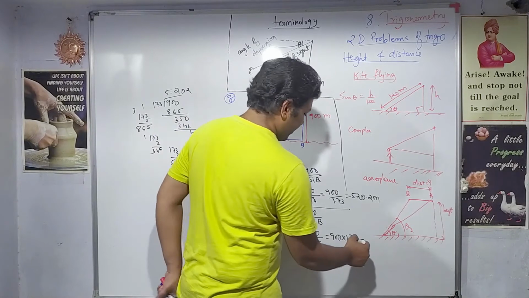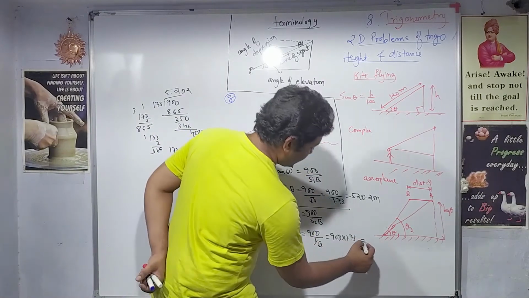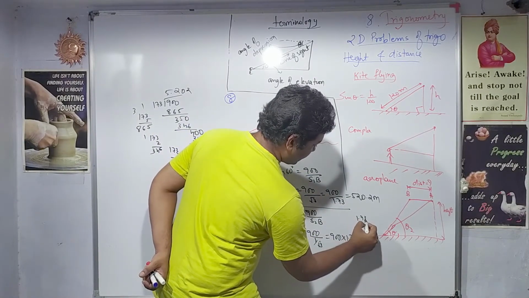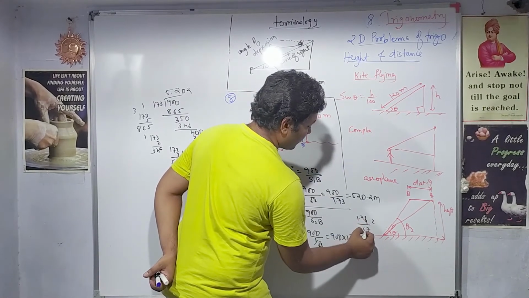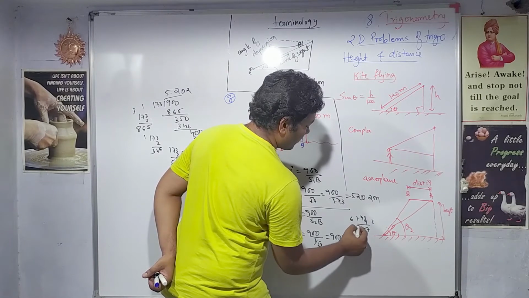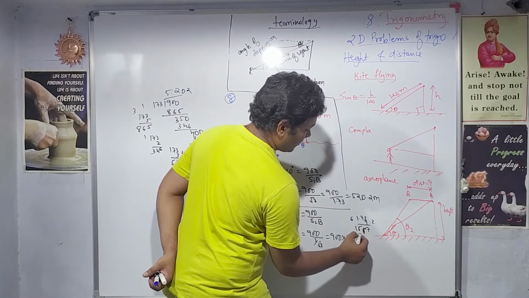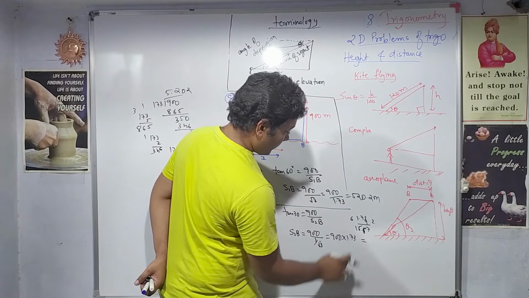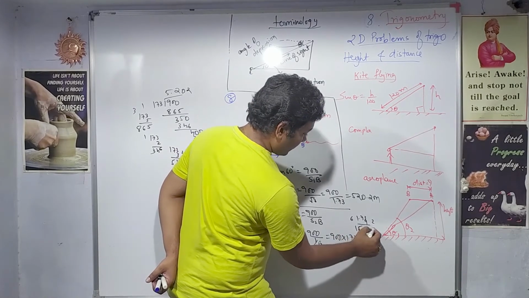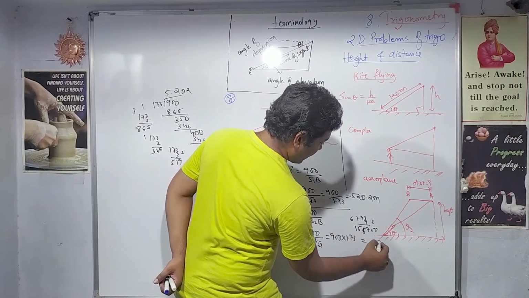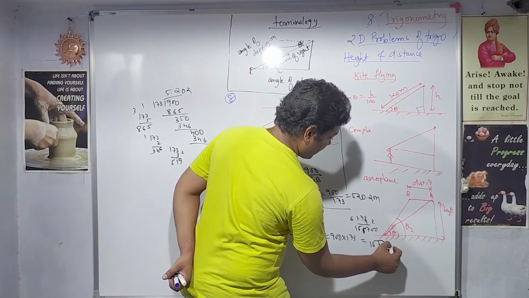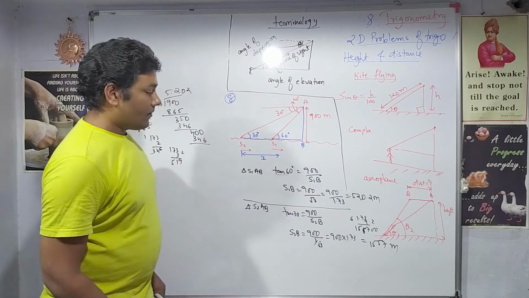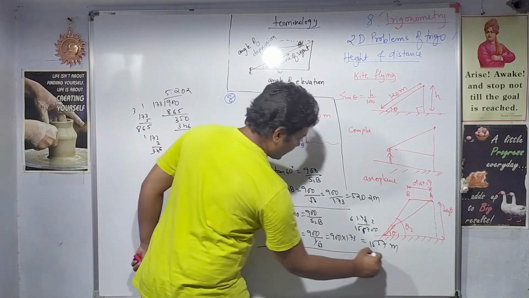If I multiply, so 1557 meters. It will come 1557 meters, right?